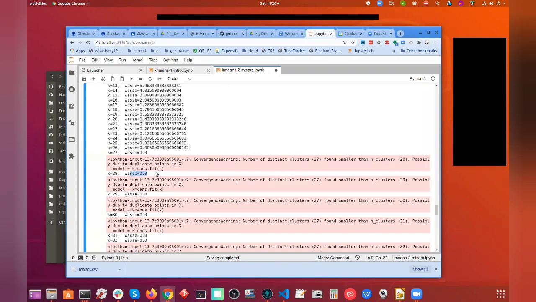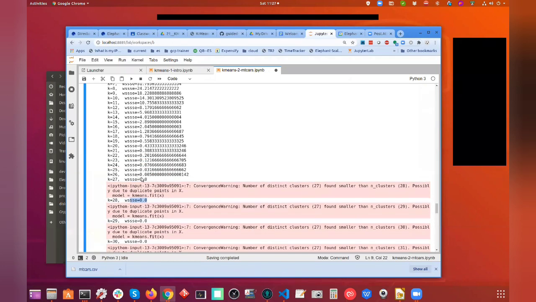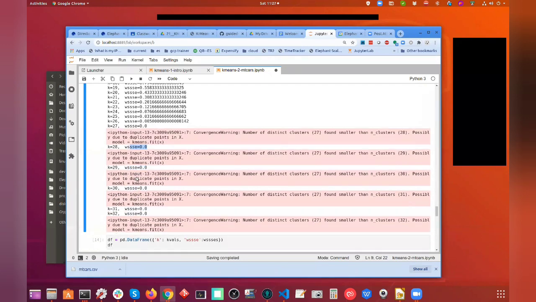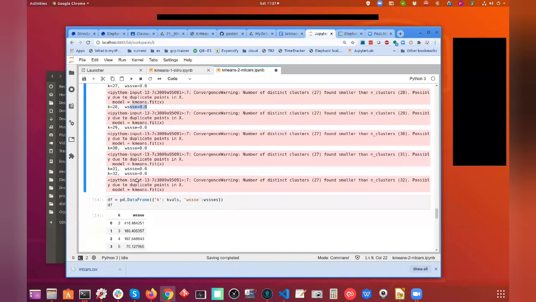So you're not really clustering, because now each individual point is its own cluster, and it gives out a warning. But in real life, we're not going to have 32 data points. We will probably have thousands or millions of data points, so we will never go up to the actual number, but it's a good sanity check. K-means is warning that you're clustering everything onto itself.